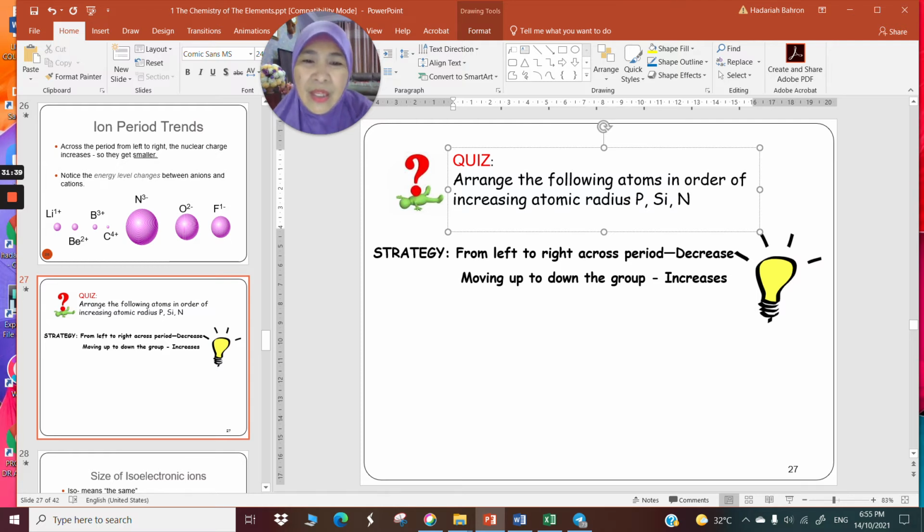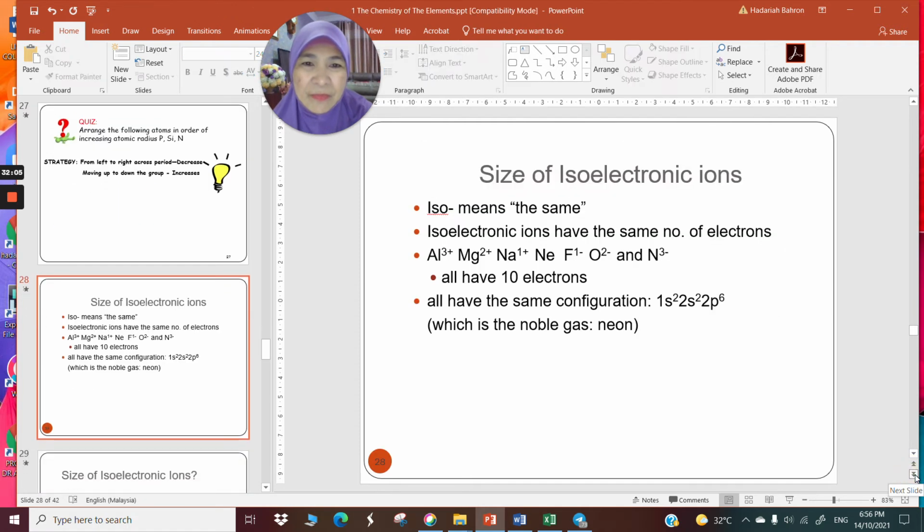Moving from up to down, there is an increase. So that is the strategy. Think about it, and then have a discussion with your friends or refer to textbooks, and then give me an answer. Between phosphorus, silicon, and nitrogen, how do you arrange them in order of increasing atomic radius? So go ahead and do that later as an assignment.